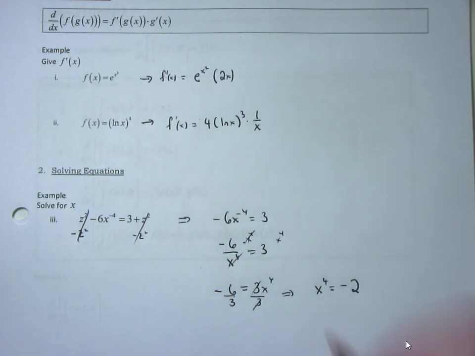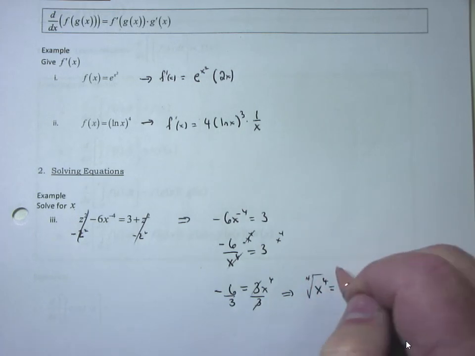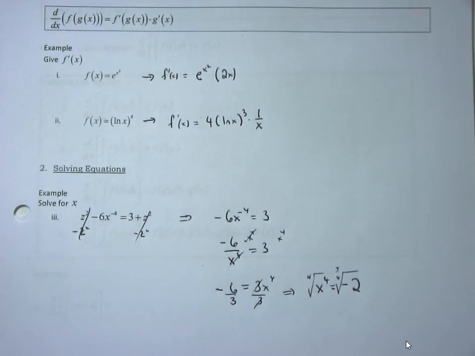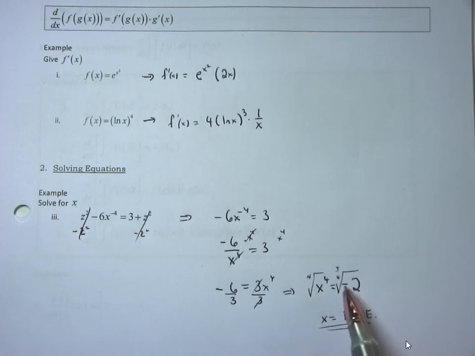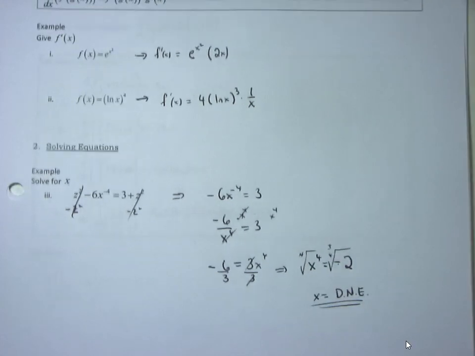Take the fourth root of both sides, and being an even root, you take plus or minus the fourth root. But the fact is, you're taking the fourth root of a negative number, so what is my answer? Does not exist. If this was a positive 2, then the answer would be either plus or minus the fourth root of 2. I'm just trying to remind you about how to do some basic algebra.